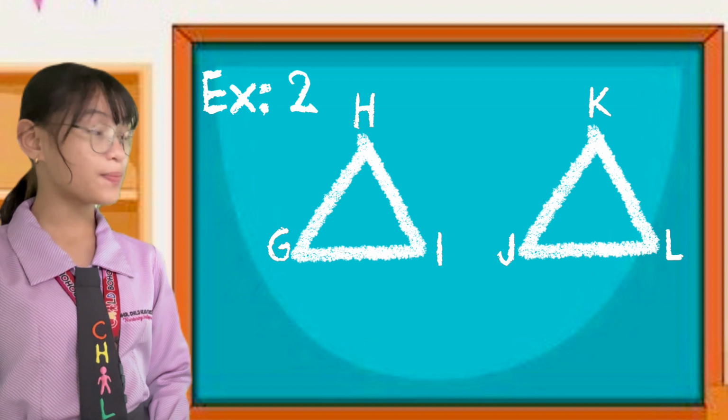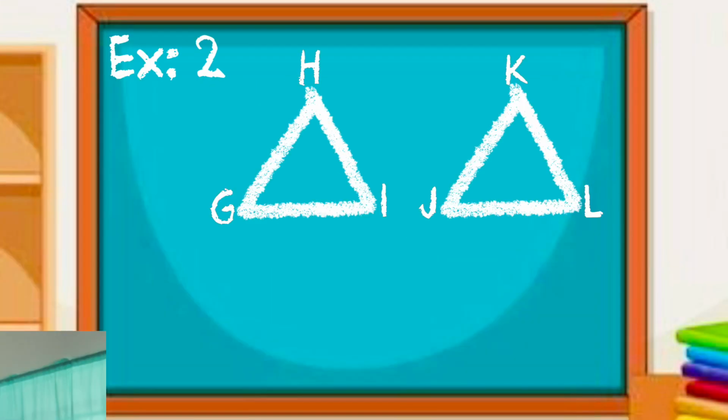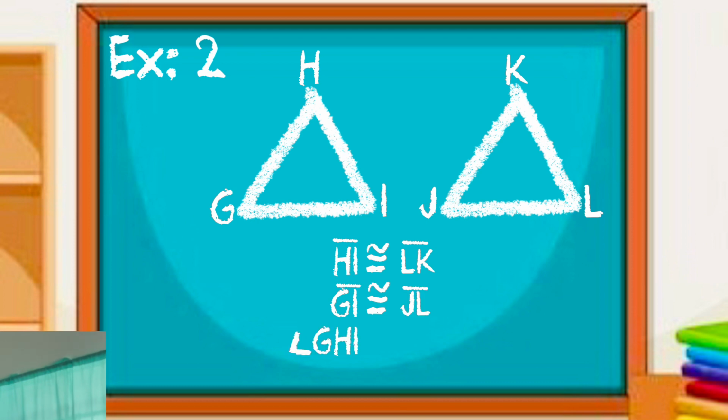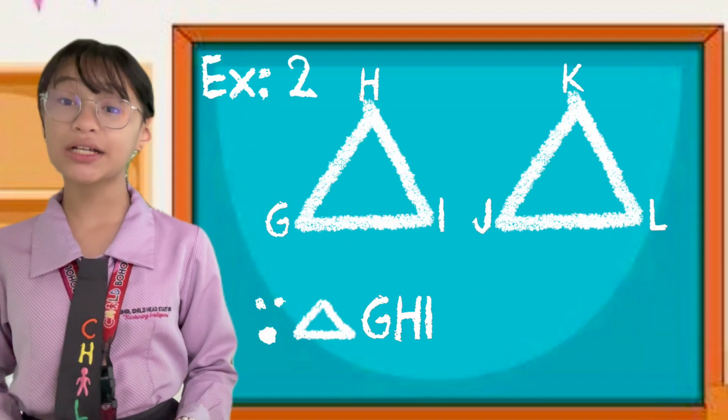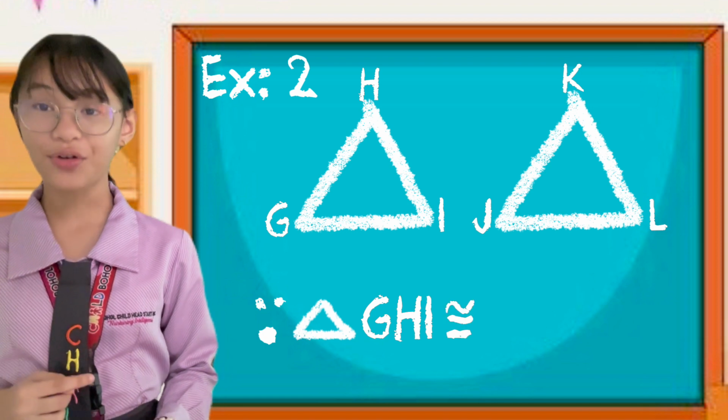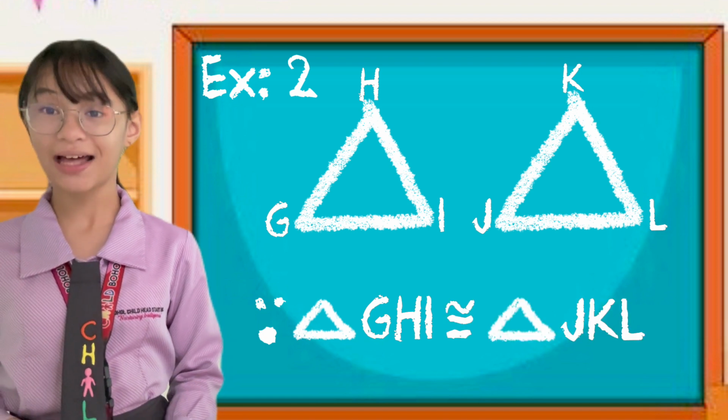After finding all the parts of the two triangles, we can now conclude that side HI is congruent to side LK. Side GI is congruent to JL, and angle GHI is congruent to angle JKL. If that's the case, therefore triangle GHI is congruent to triangle JKL.